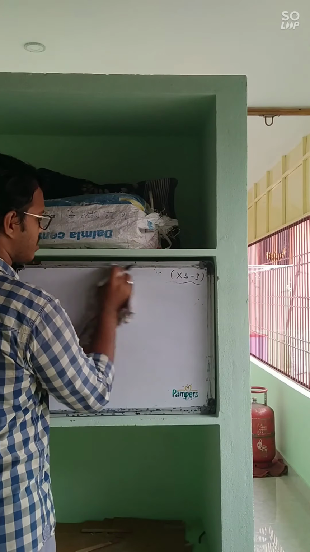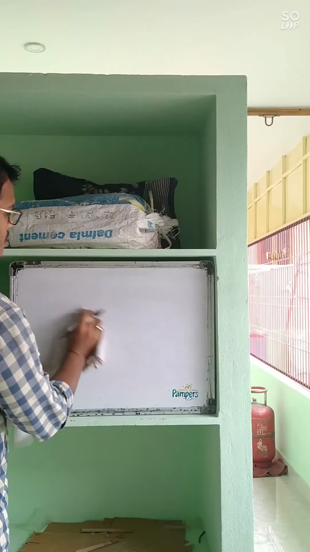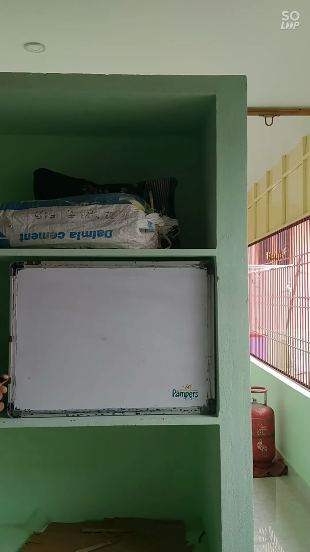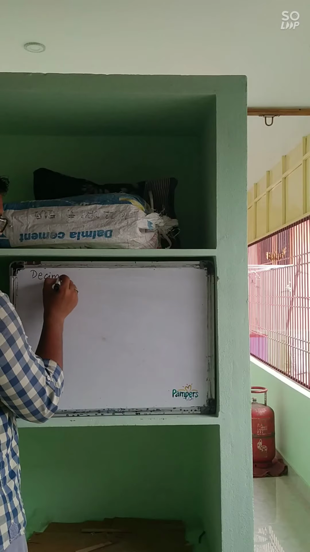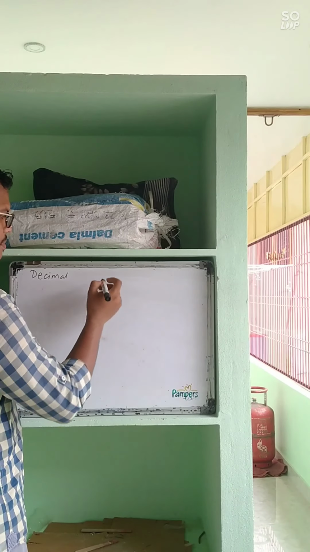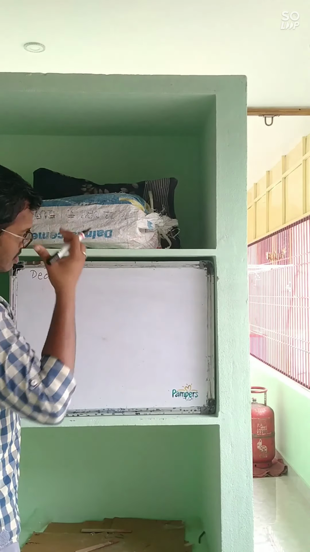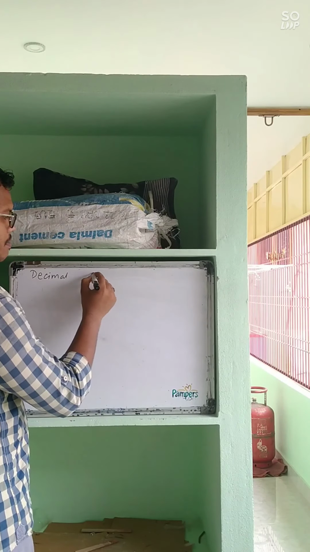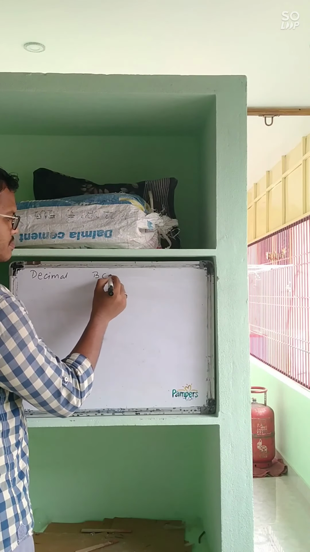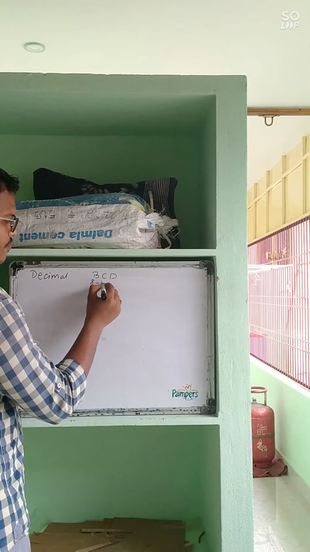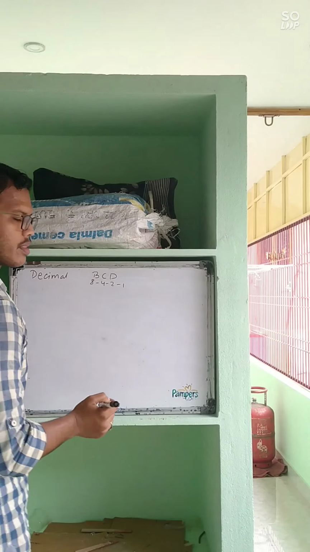So let's write down the table. Decimal number, then BCD, which means the 8 4 2 1 code.